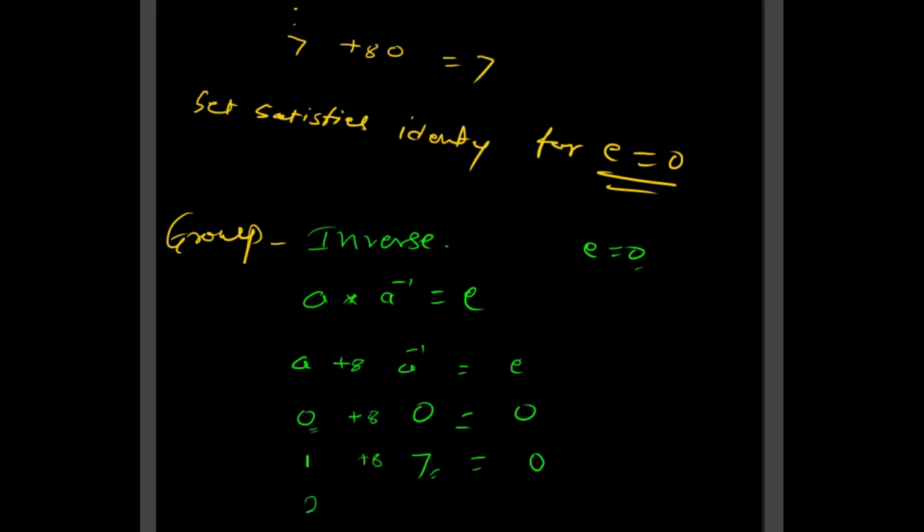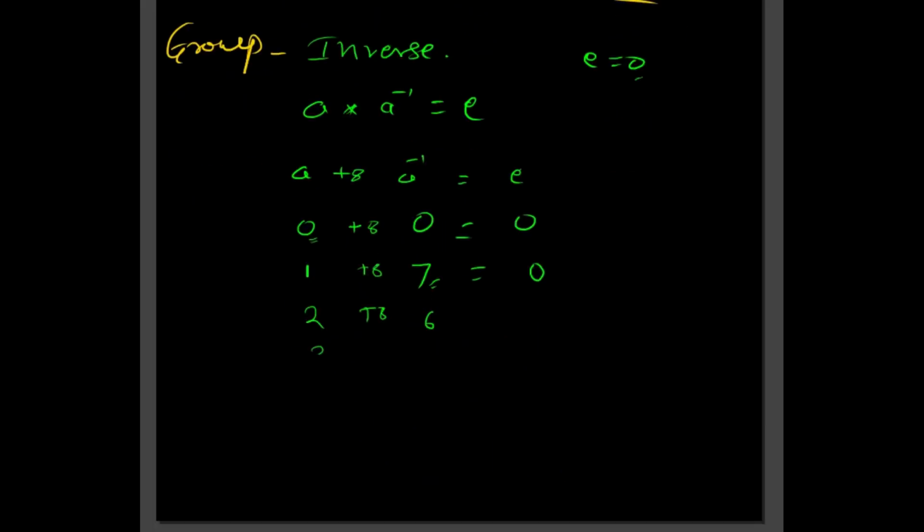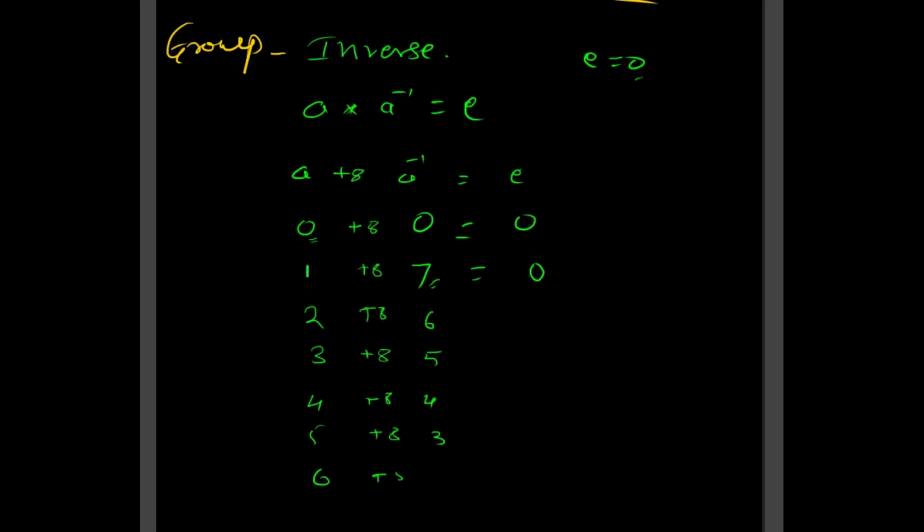Similarly for 2, what will be the inverse? The inverse will be 6. For 3, the inverse will be 5. For 4, the inverse will be 4. For 5, the inverse will be 3. For 6, the inverse will be 2. And for 7, the inverse will be 1.